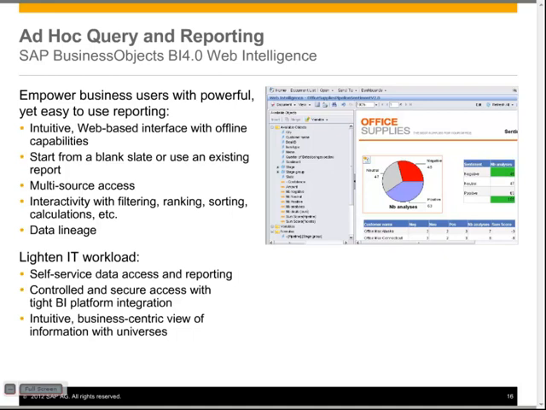You could also start with an existing report. Maybe someone has started on it, and you create modifications or additions. It does give you the option of multi-source access. In the sense of looking at HANA, it could mean that we could combine HANA data with other data. We can do filtering, ranking, sorting, all sorts of calculations.